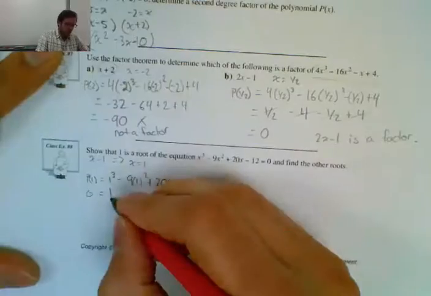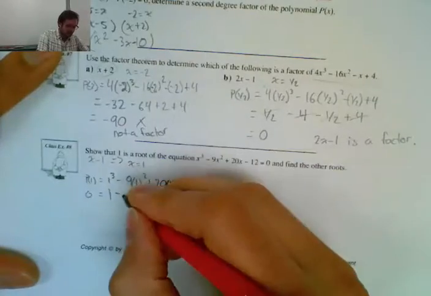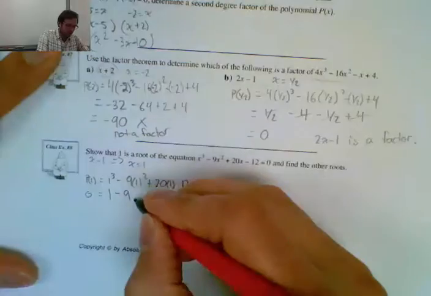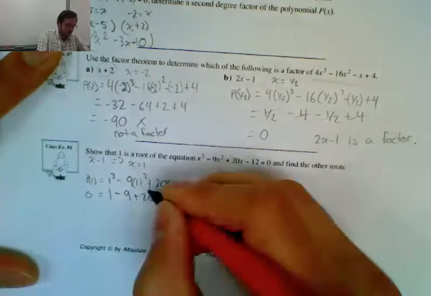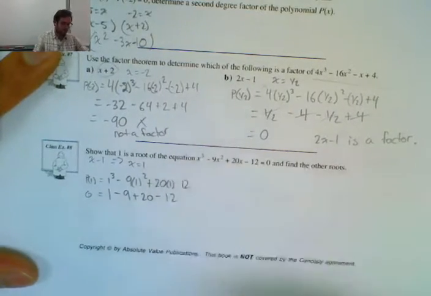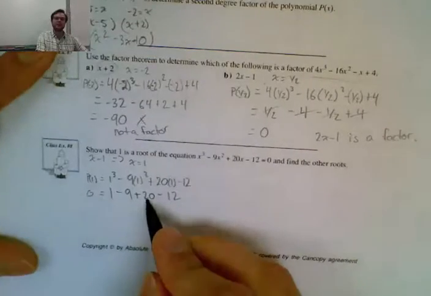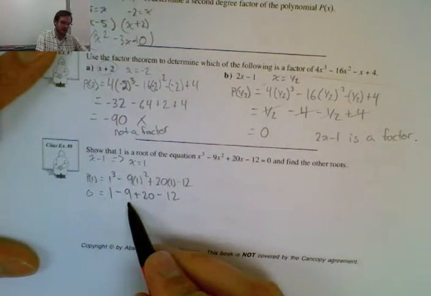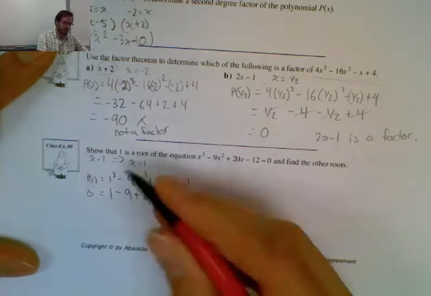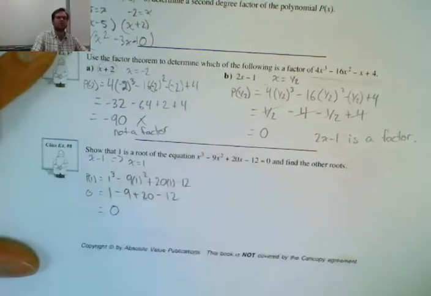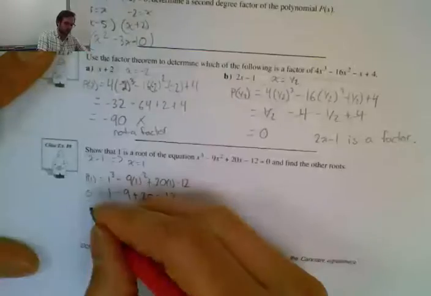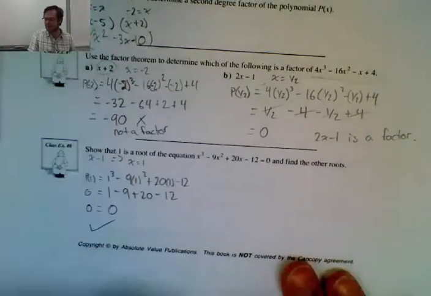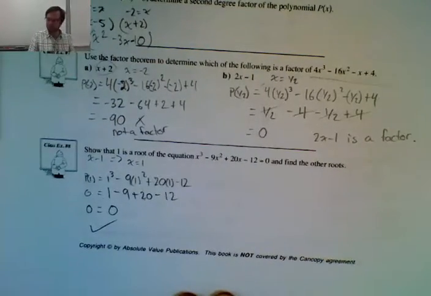So this is going to be 1 cubed is 1, minus 9, plus 20, minus 12. So I have 20 plus 1 giving a total of 21, and negative 9 minus 12 gives me negative 21, so this is actually equal to 0. So 0 is equal to 0. That means it is a root.